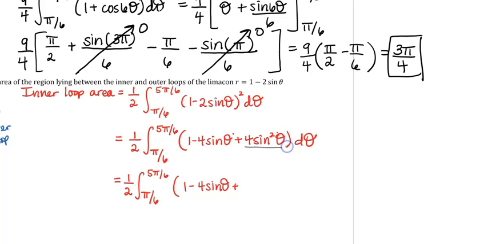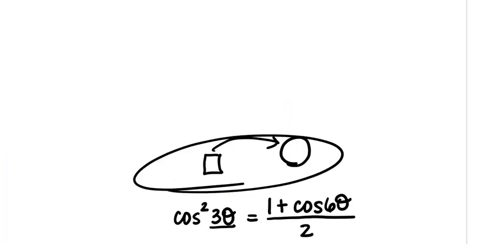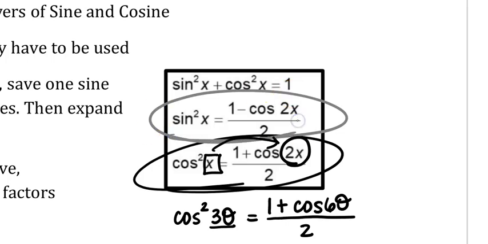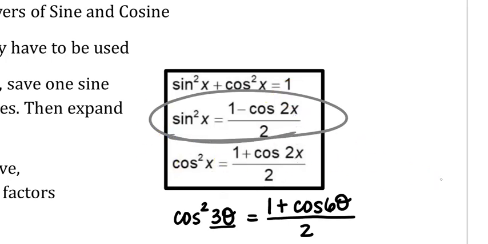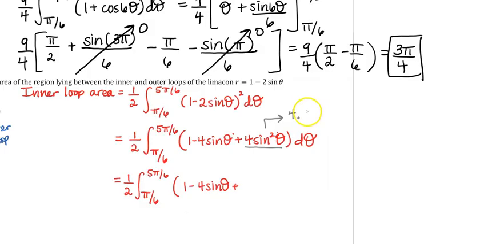At this point with this sine squared, we're going to need to use the power reducing formula again from 8.3. This time I'm using the one for sine squared: 1 minus cosine 2x all divided by 2. Leaves me with 2 times 1 minus cosine 2x.